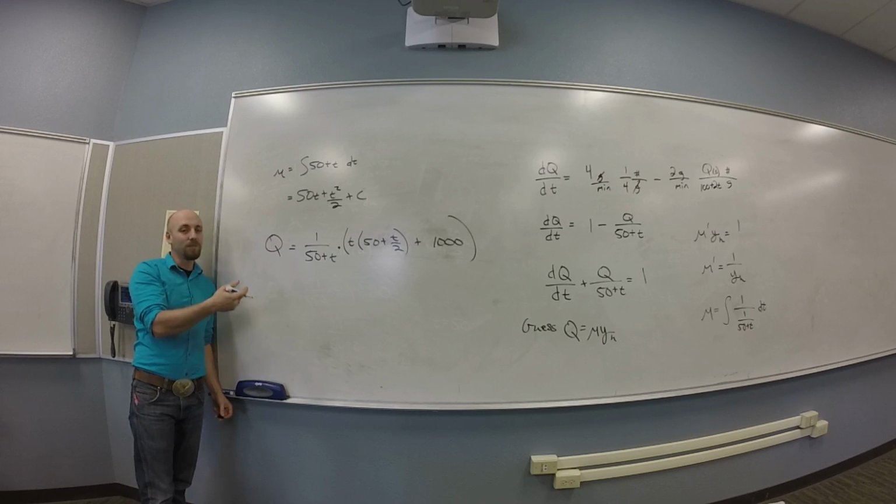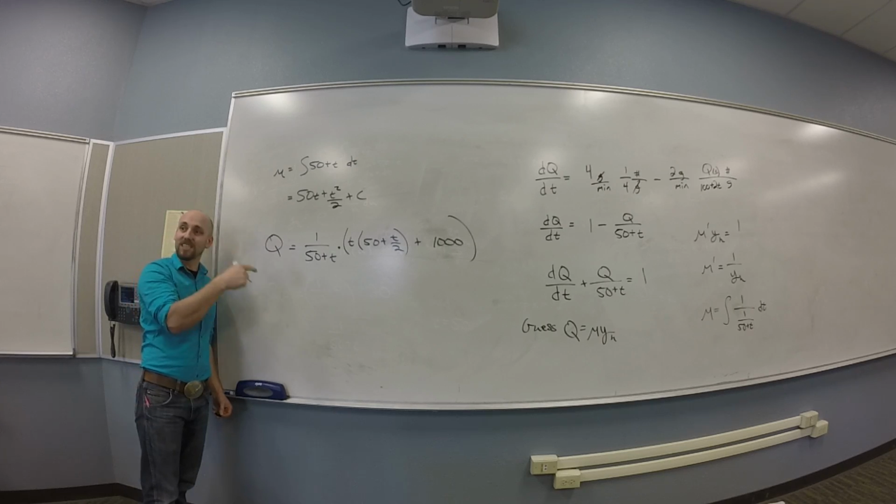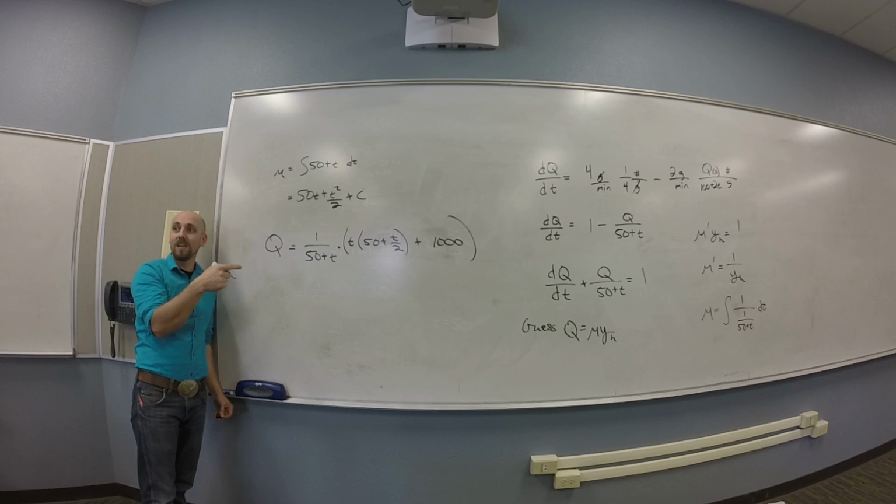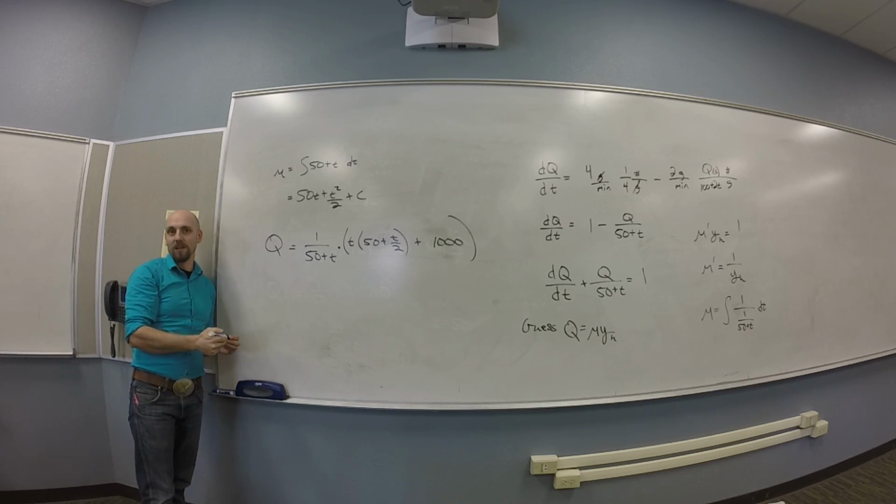It doesn't actually make any sense for me to say that this is the solution at t is 50, because anywhere past t is 50, this tank isn't following the system that I set up to solve. The differential equation changes categorically at t is 50. Instead of flowing in at 4 and outflowing at 2, it's going to flow in at 4, outflow at 2 and overflow by 2. You guys see that?